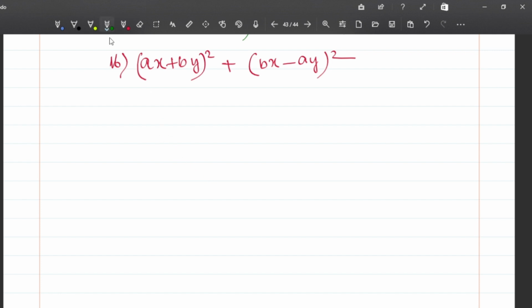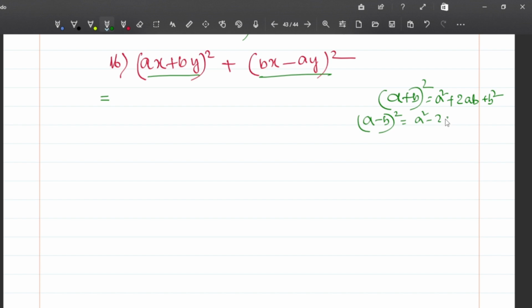This is sum number 16. So this is quite different. We use here the identities a plus b whole square and for this we use a minus b whole square. Just expand using those formulas.